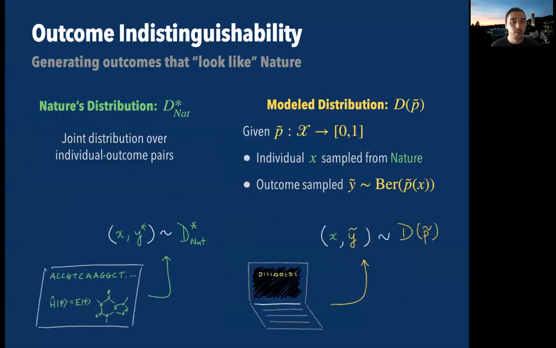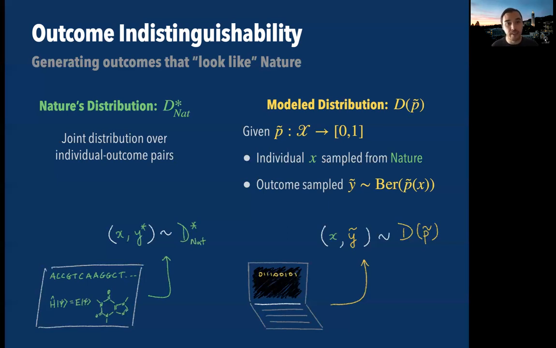More formally, we'll assume that nature is a joint distribution over individual outcome pairs, but we're not going to make any further assumptions. Nature could operate arbitrarily. For the model of nature, we're going to assume that we're working with a predictor, p tilde. A predictor, p tilde, is just a mapping from individuals in this domain X to the interval [0,1].